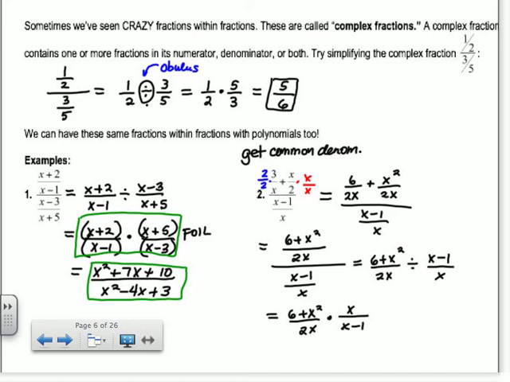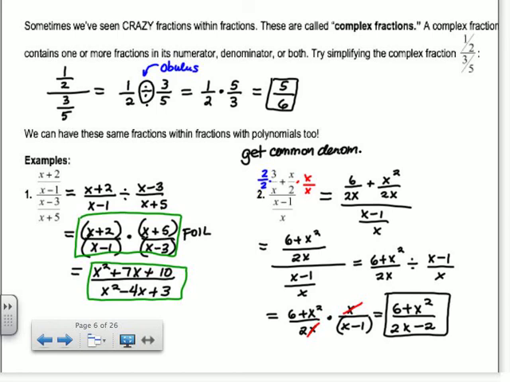Okay, on this one, not much cancels. So the x and the x cancel, but that's it. So on the top, you get 6 plus x squared all over 2 times x minus 1. I'm going to actually multiply that in, so 2x minus 2. Okay, and that's it.